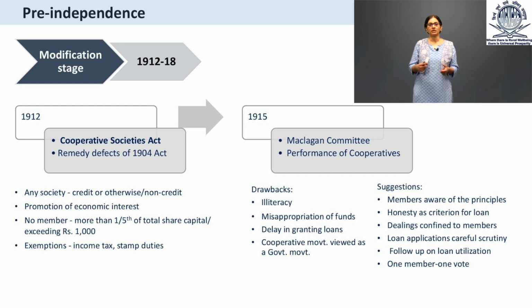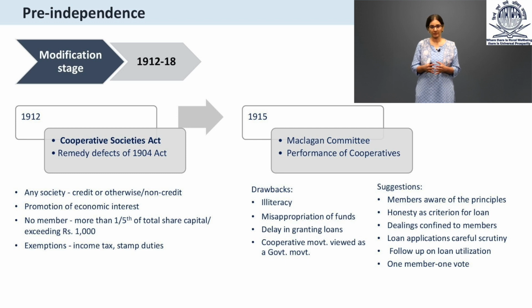Further, no member could have more than 1/5 of the total share capital or hold shares exceeding 1000 rupees in such a society. And societies were granted exemption from payment of income tax and stamp duties, and there were advantages that were noted for a cooperative society.